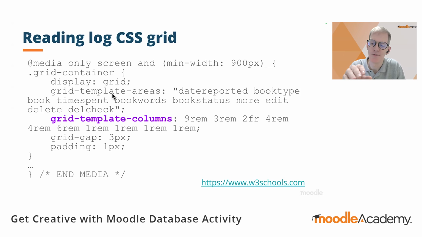For example, if your font is 16 pixels wide, then 3 REM is 48 pixels worth of space. Again, you can learn more about this on the W3 Schools site, but I'm just explaining it at a high level to give you an idea.